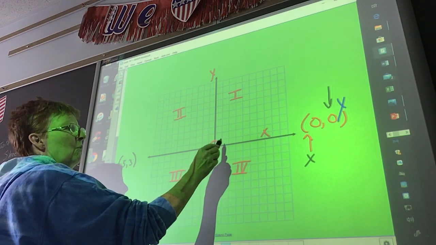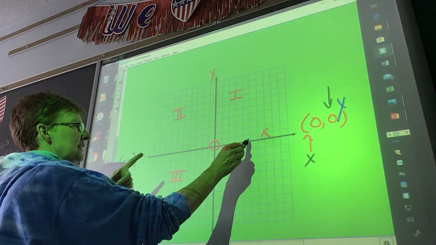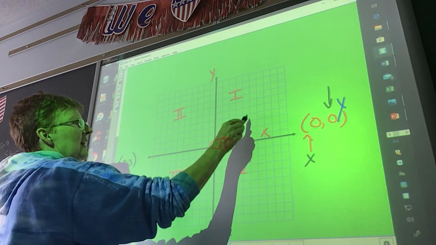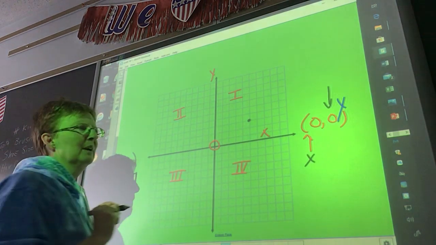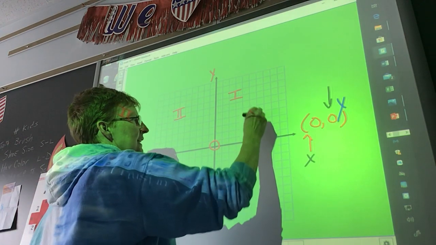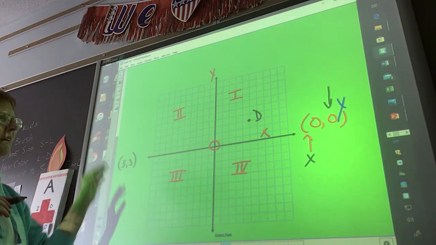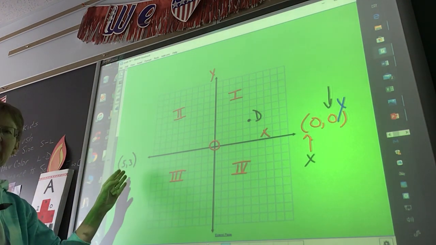So I'm going to count 1, 2, 3, 4, 5 across for the first number, which is the x-axis, and then 3 up for the y-axis. And then we put a dot right where we end up, and we put a letter by it. And I'm going to use D for Debbie.